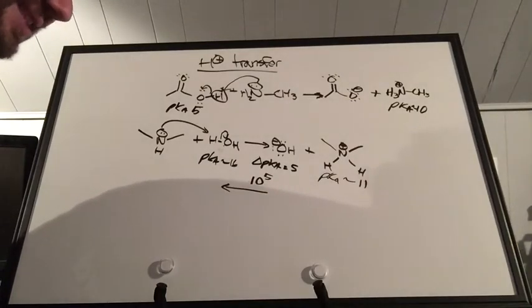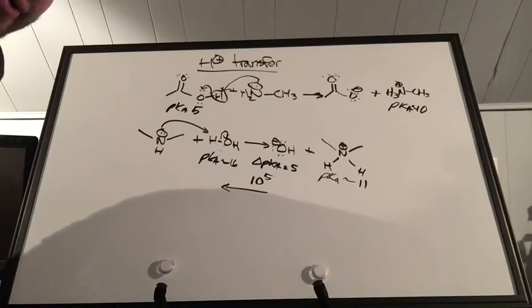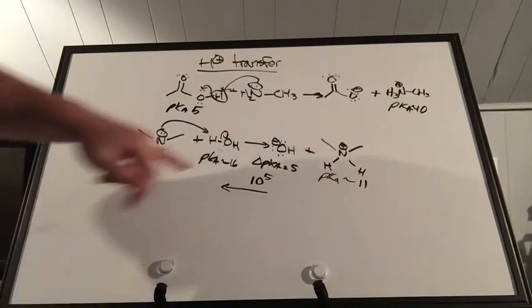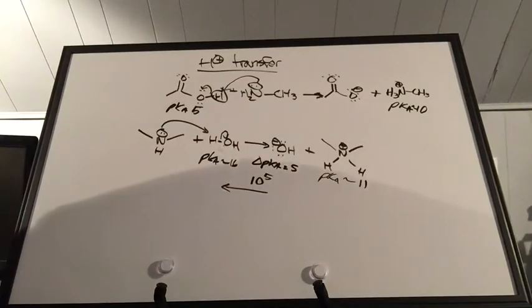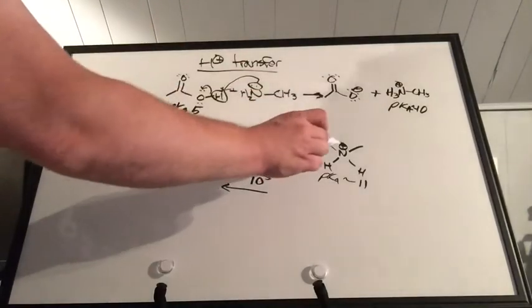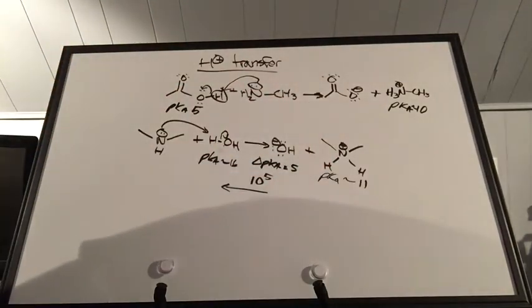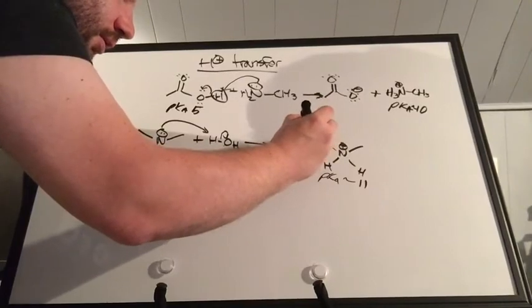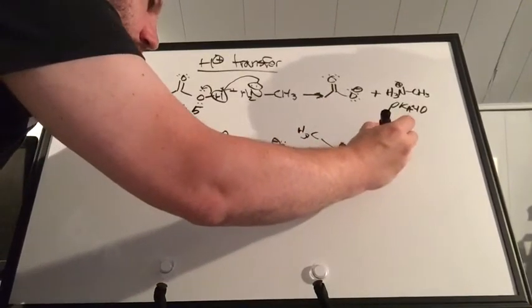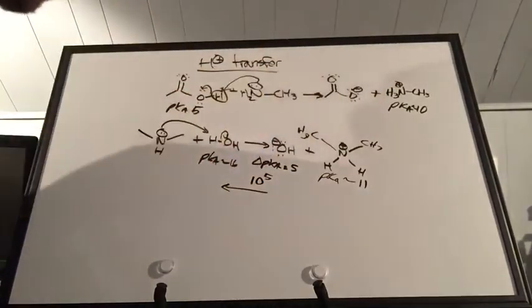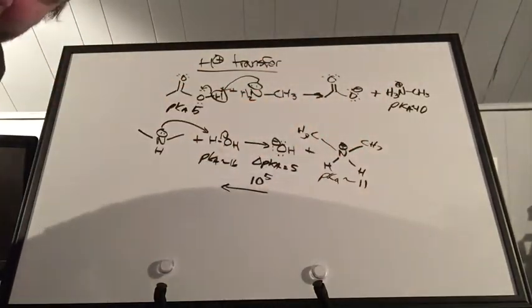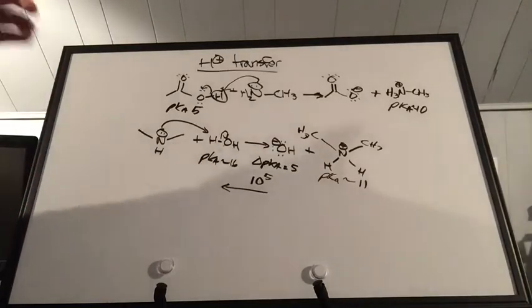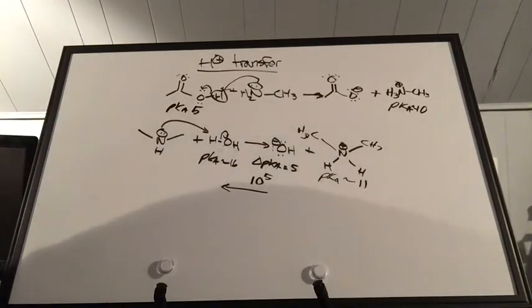So it has a tenfold ability to pick up a hydrogen and be 10 times more basic. Why? Because you're going to form a positively charged ion, and these methyl groups, instead of just having one, you're going to have two that are going to stabilize that positive charge. Remember that, because that's going to be important when we start thinking about carbocation stability, which we'll get into later.